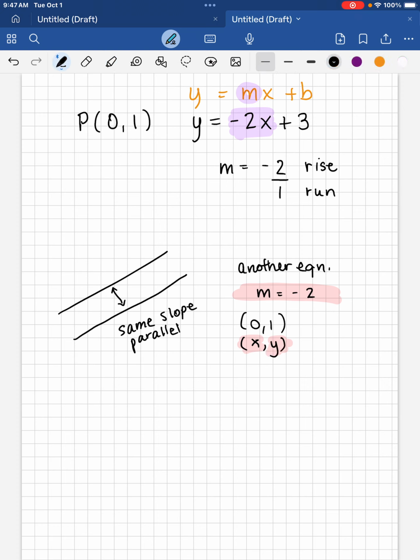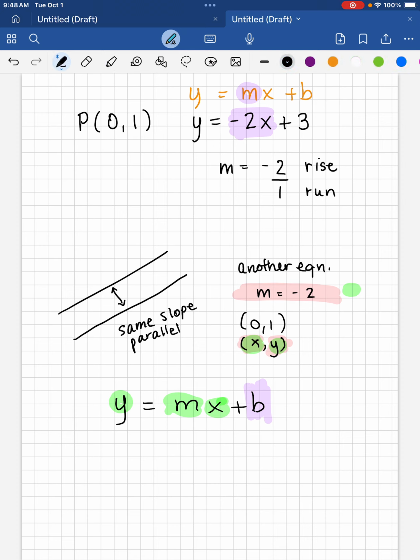If we're dealing with slope-intercept form, which is what we are going to form our new equation using, that means I've been given my m, my x, and my y. The only thing I don't have is this b, but I have everything else. That means I can plug everything else in and solve for b.